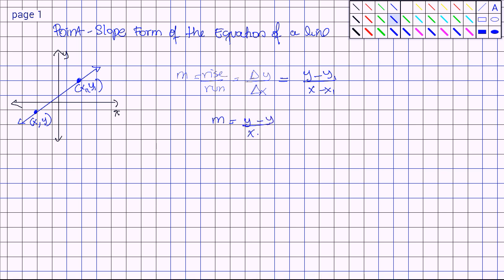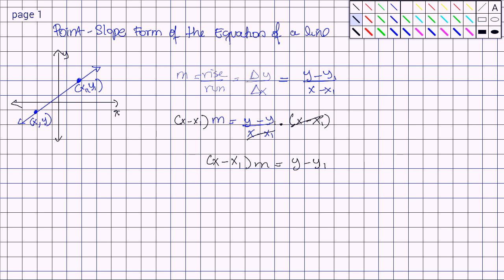x minus x1. So I'm going to multiply both sides times x minus x1. Now you'll see that on the right hand side, the x minus x1 terms cancel out, and I am left with x minus x1 times m equals y minus, I forgot a 1 there, y1.